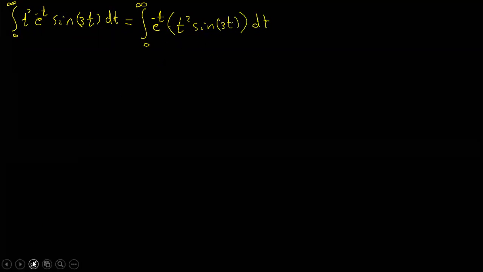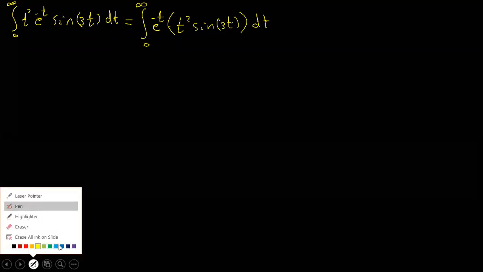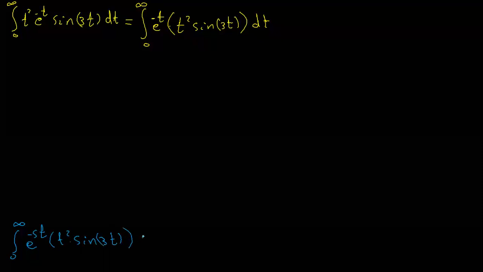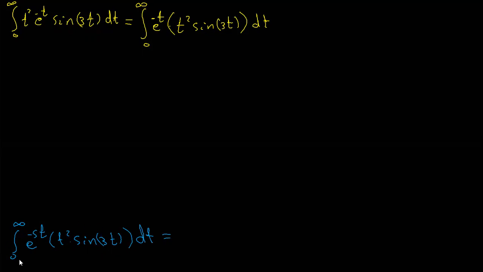Muhammad suggests a new integral, from 0 to infinity of e to the negative st times t squared sine 3t dt. Can anyone guess what this integral is?